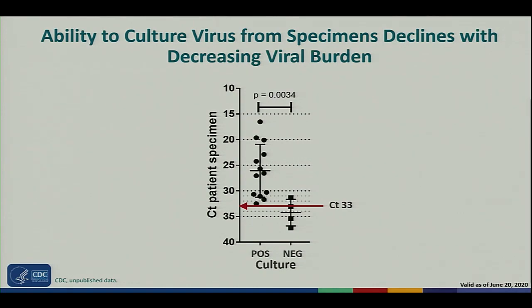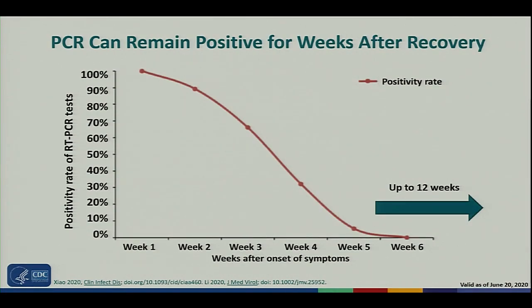But this also depends a lot on the primers and PCR setup being used and may differ between laboratories. But the point here being that there is a viral burden below which there is no evidence that you can culture the virus. Next slide, please.